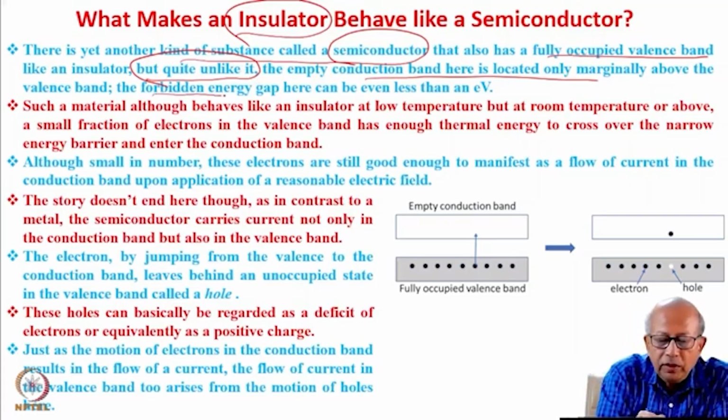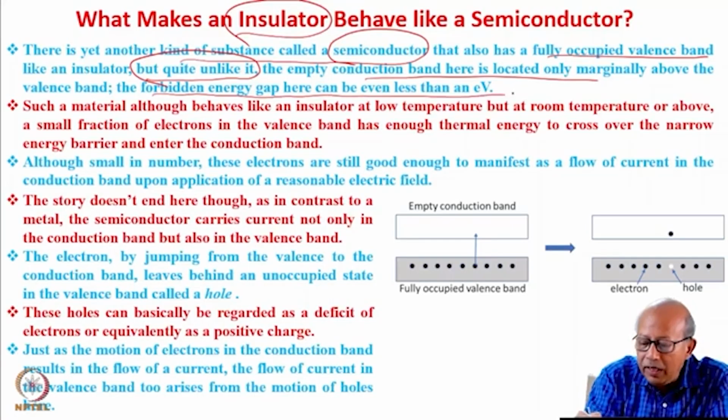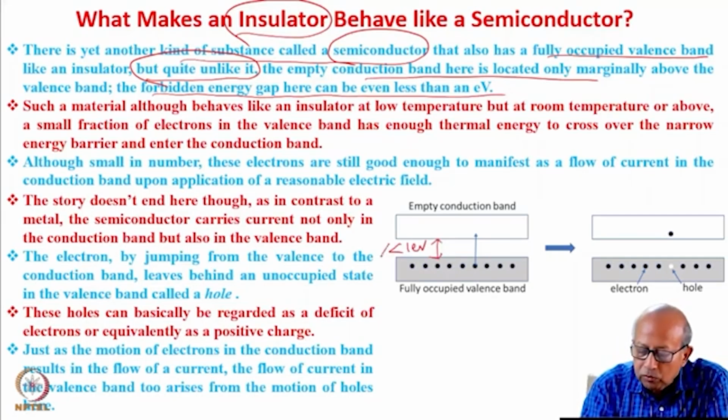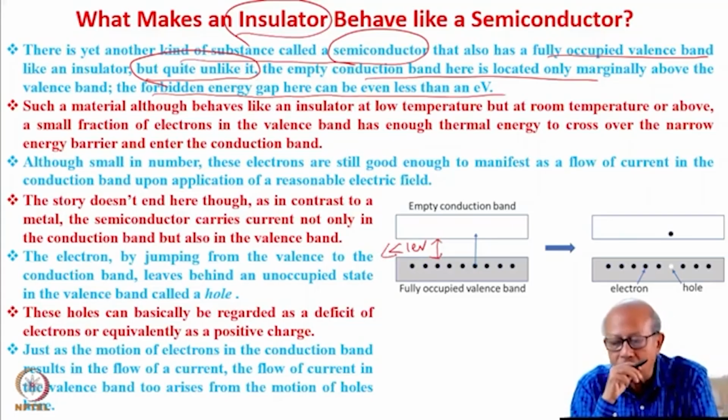That is, the forbidden energy gap here can be even less than 1 electron volt. It would be much, much less than 1 electron volt.